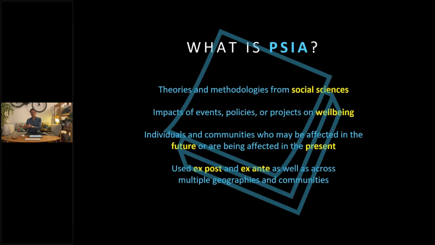By impacts on well-being, we mean 2 different things. Well-being has to do with the individual level, the psychological individual level. It might be impacts on people, the level of stress, anxiety, or people's capacity to fulfill their aspirations.